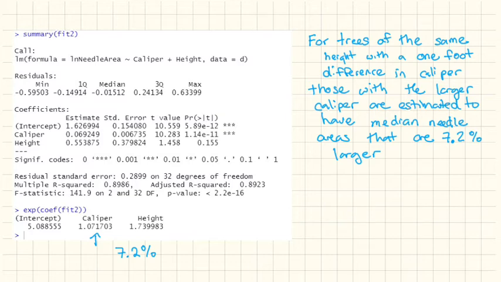So we have to keep height constant, right? And then we can talk about when we increase caliper, it's a multiplicative change in needle area. So for trees of the same height with a 1 foot difference in caliper, those with the larger caliper are estimated to have median needle areas that are 7.2% larger.